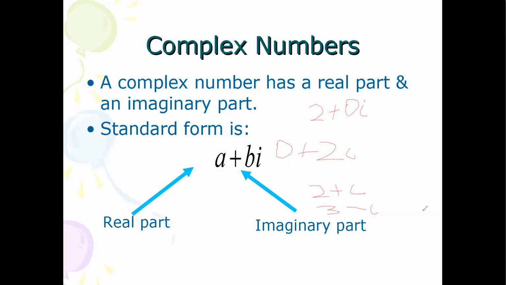Those numbers have both a real part and an imaginary part. So complex numbers are all real numbers, all the imaginary numbers, and those numbers that have a real and imaginary part, I mean with non-zero coefficients.